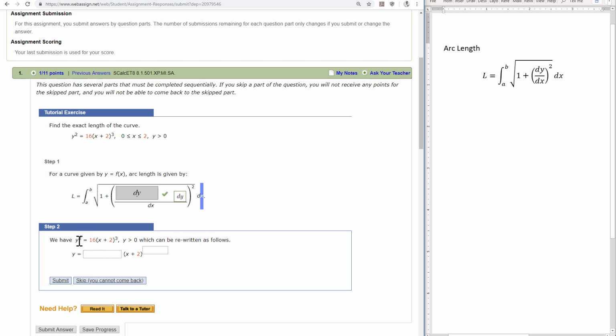Alright, so here we're going to take the square root, and it looks like they take the square root of each of these factors, and so the square root of 16 is 4. Again, y is bigger than 0, so we just need the positive part. And then now we need to take the square root of (x plus 2) cubed, and I think that's just going to give us a power of 3 over 2.